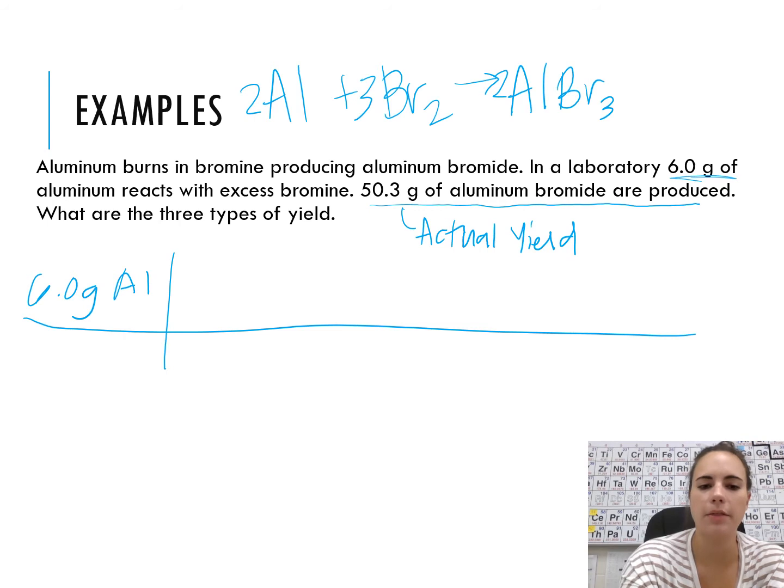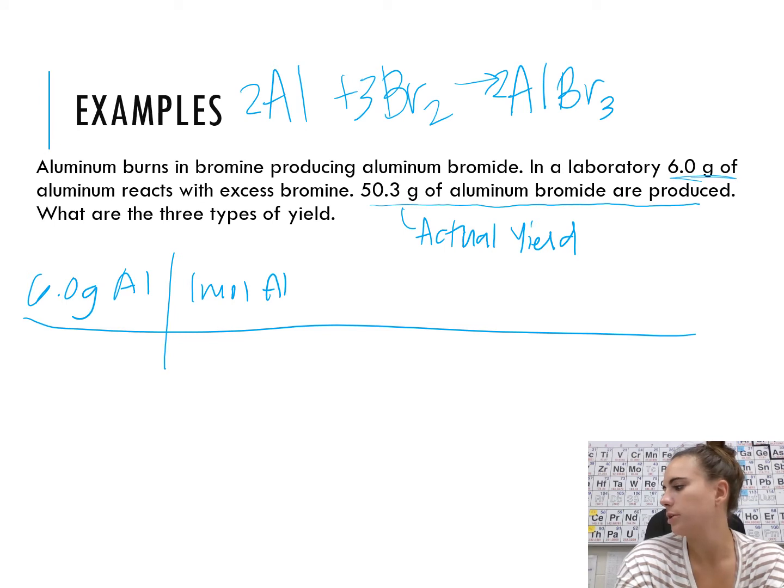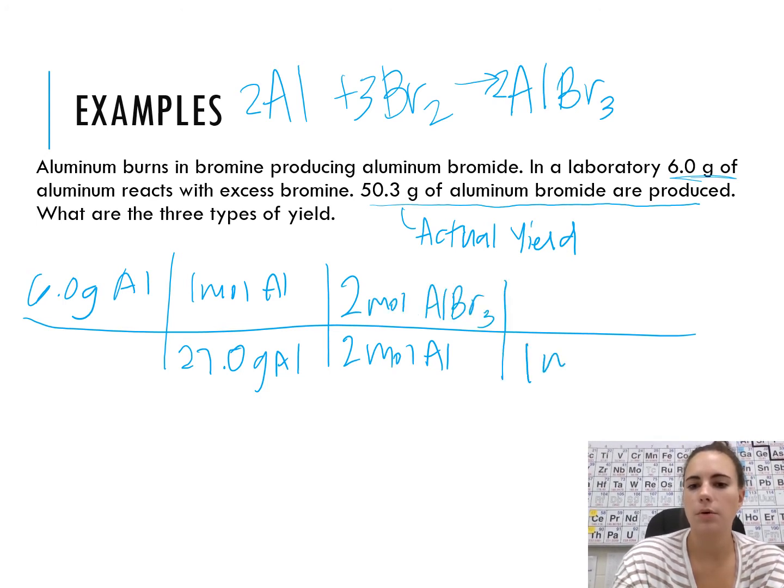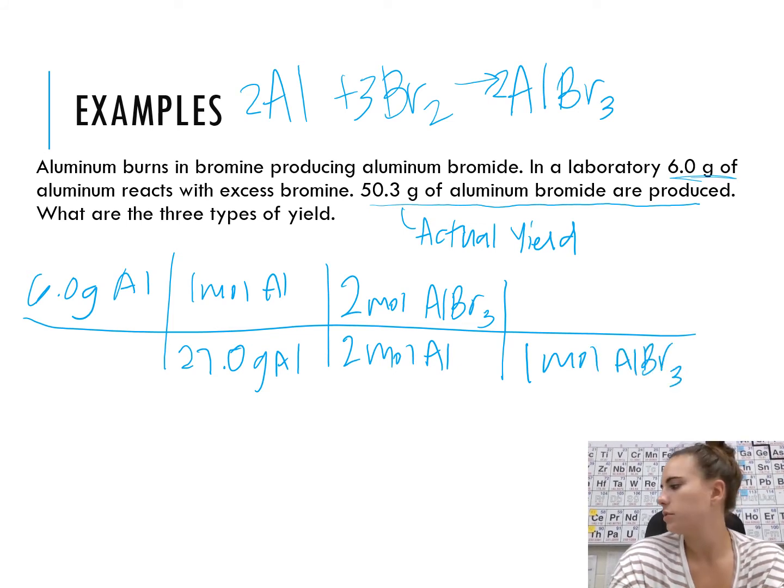So I'm going to find my theoretical yield of aluminum bromide. So I'm going to go from grams of aluminum to moles of aluminum. And then from moles of aluminum to moles of aluminum bromide. And then moles of aluminum bromide into grams of aluminum bromide.